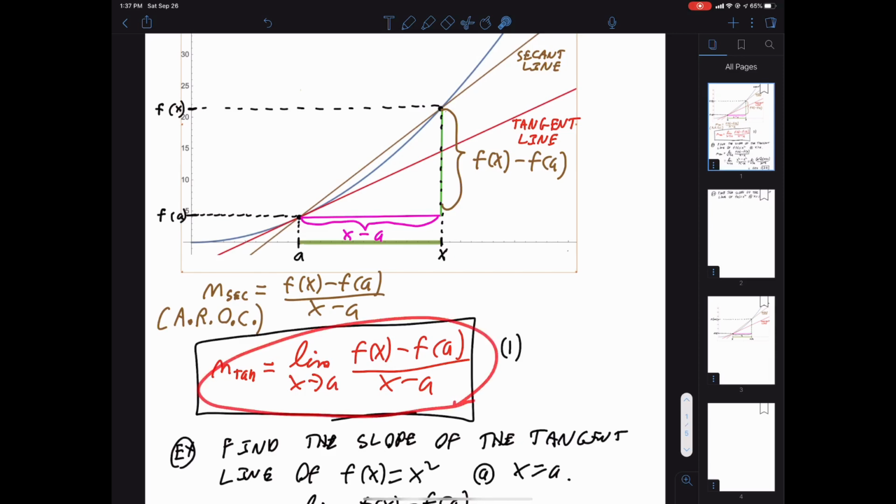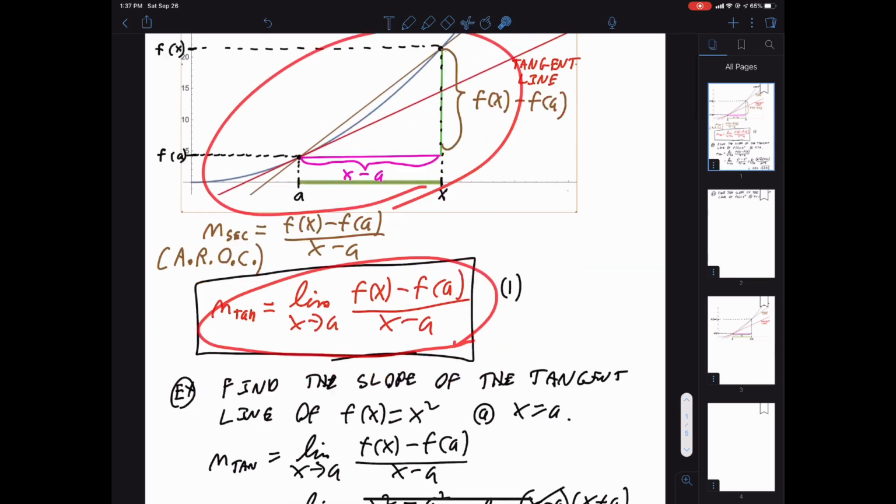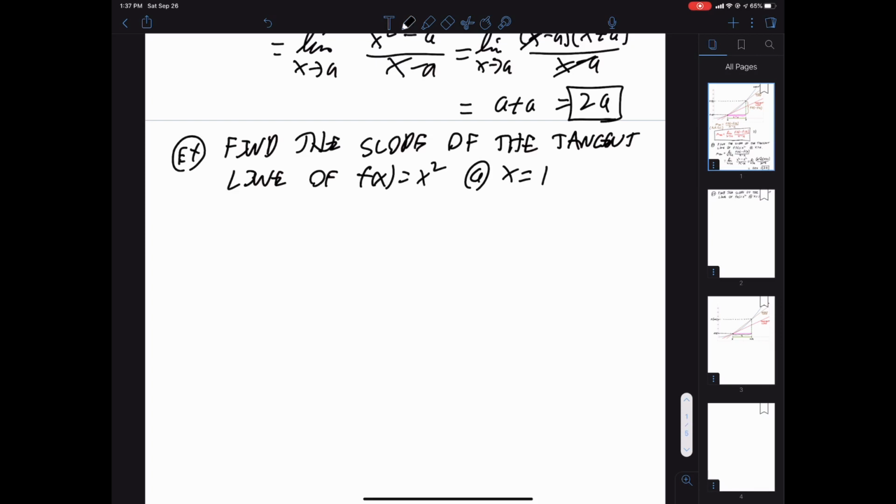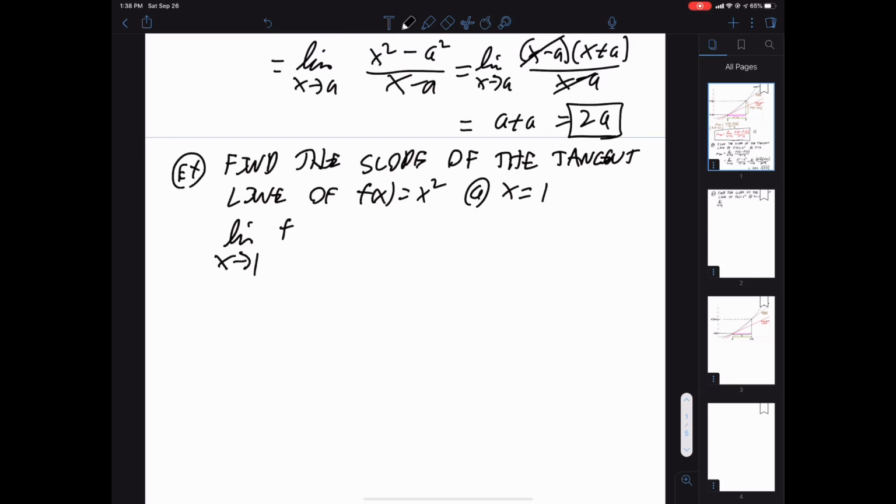So in this next example, we're going to have the slope at the particular point 1. 1 is our A, so x is going to approach 1. And then we do our same formula. We're going to do our f of x minus f of A, which is 1, over x minus a, and then you just plug in the values.